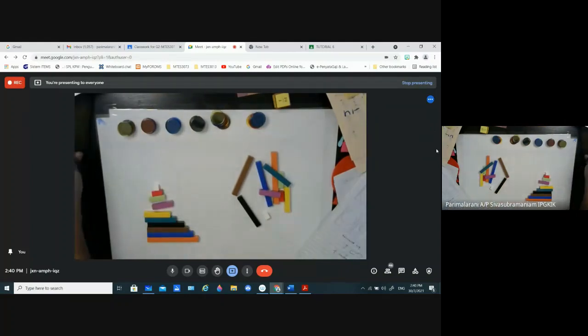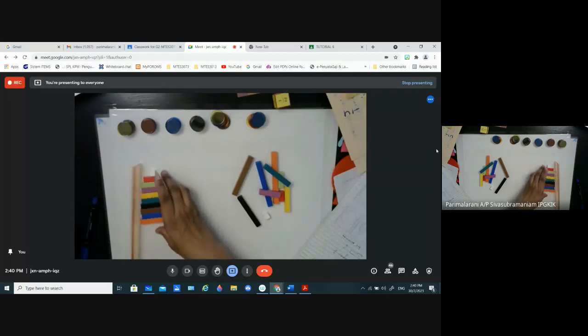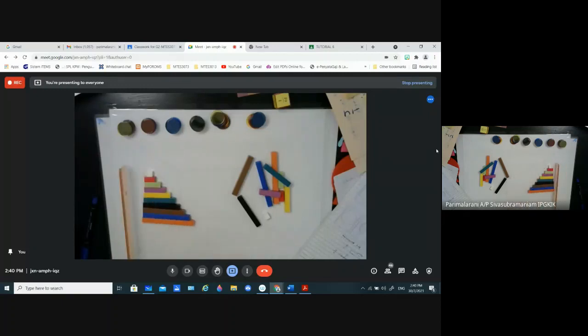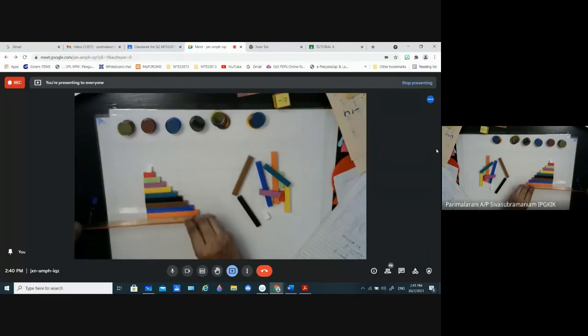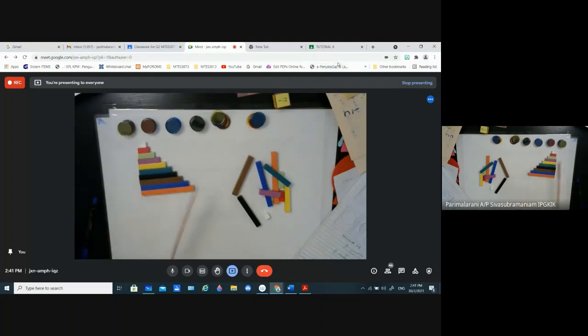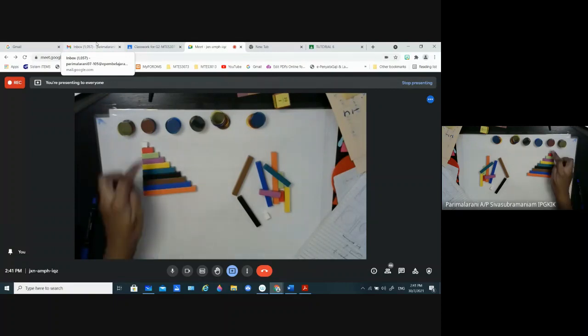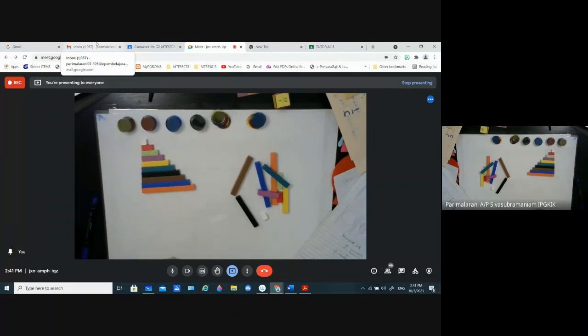I've arranged one set on this side and one set I haven't arranged. Okay, these are called Cuisenaires. Cuisenaire rods. We can use these to teach numbers and we can also use them to teach fractions.